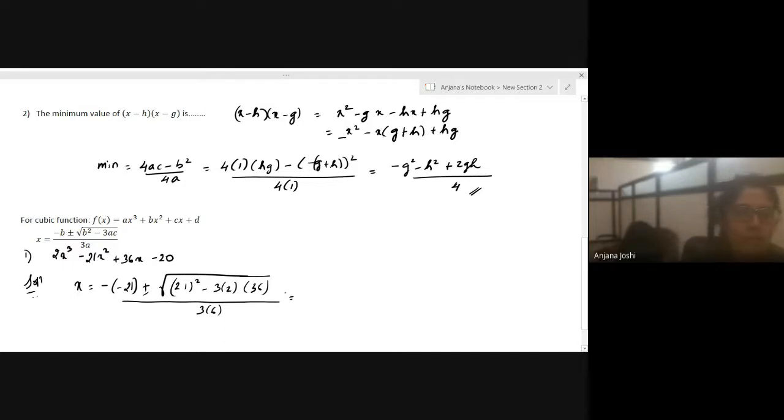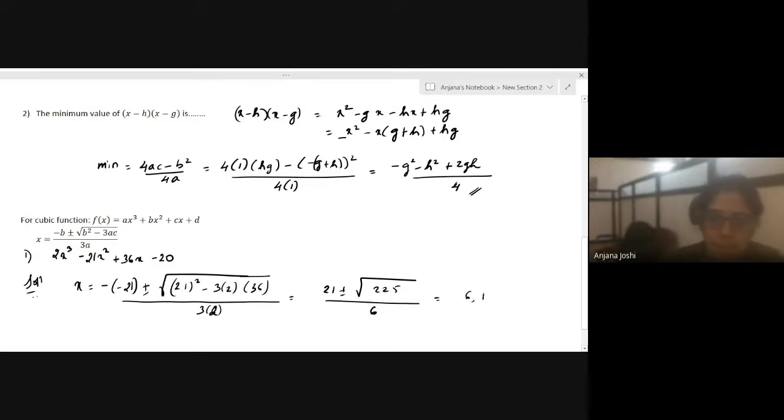Minus into minus, we shall be getting 21 plus or minus root of 21 square minus 6 times 36, which will be 225, divided by 3 times a. A here is 2. Hence the value will be 6. So if we simplify, I shall be getting the values to be 6 and 1.